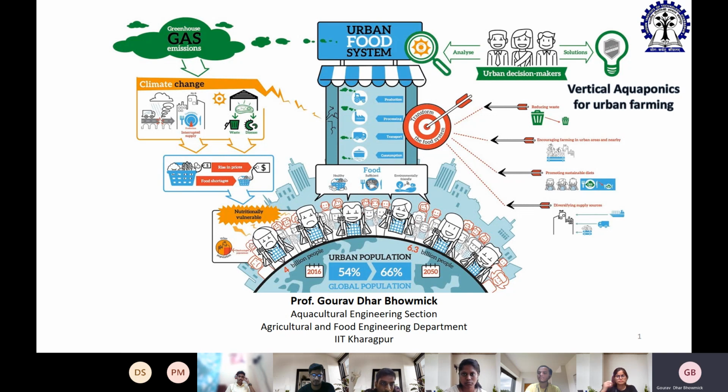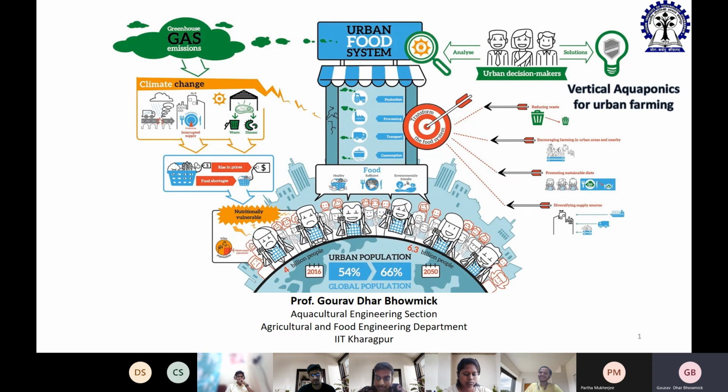If you see the recent numbers, the urban population in 2016 was almost 54% of the people in the world living in urban areas, which is expected to reach 66% by 2050. Most of the food production happening all over the world is placed in rural areas.